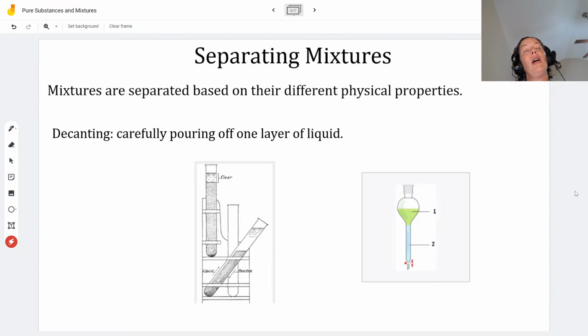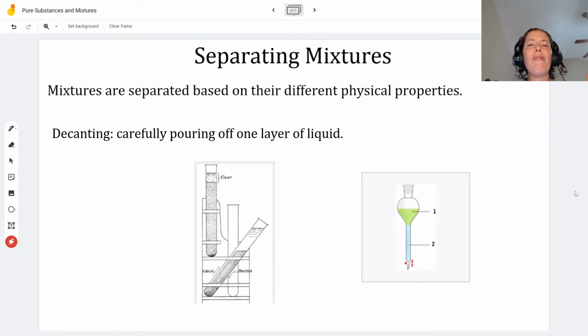If you watched the live stream from last week, we talked about physical properties versus chemical properties and also physical and chemical changes. So when we're separating mixtures, we take advantage of different physical properties of the components of the mixture and separate based on that.